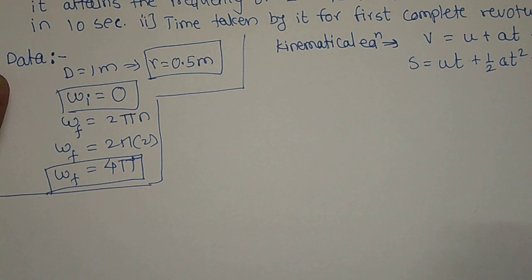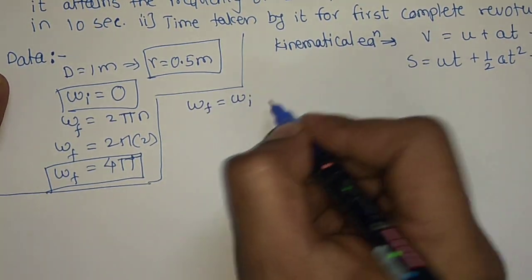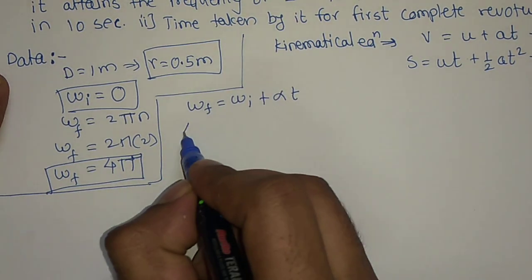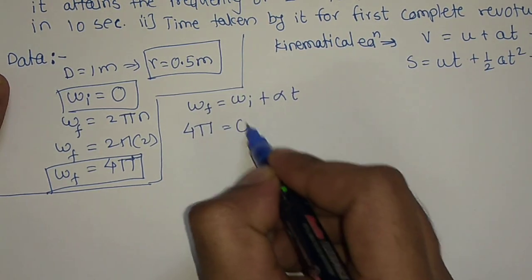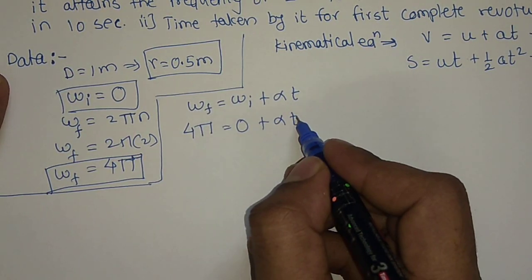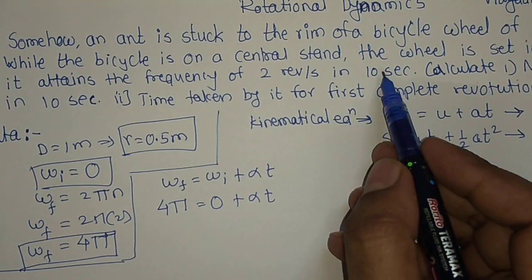First we will try to find alpha. I'll write the formula omega f equals omega i plus alpha t. What is the final velocity? It is 4 pi, initial is 0, plus alpha t. What is the time to achieve the final velocity? 10 seconds, we have seen that.